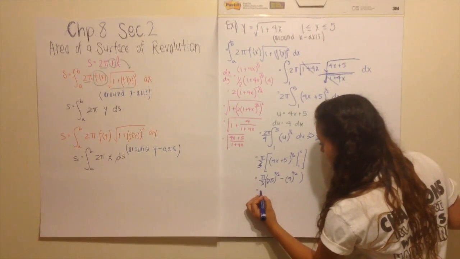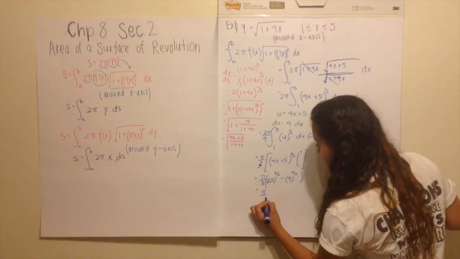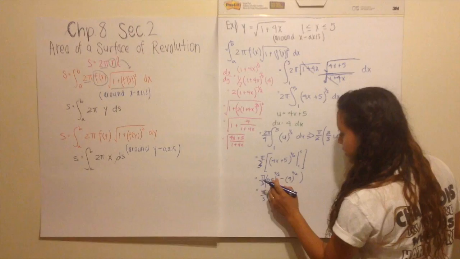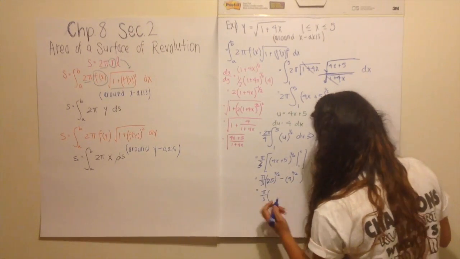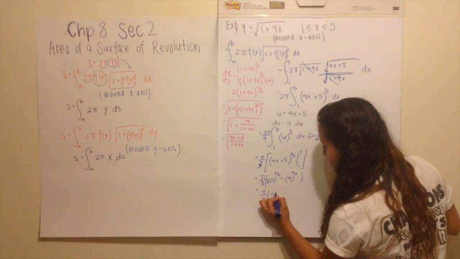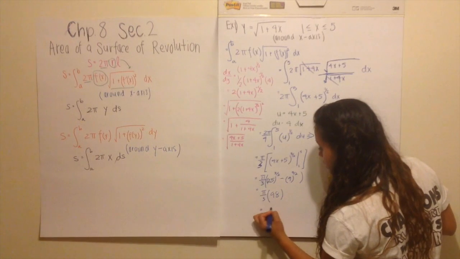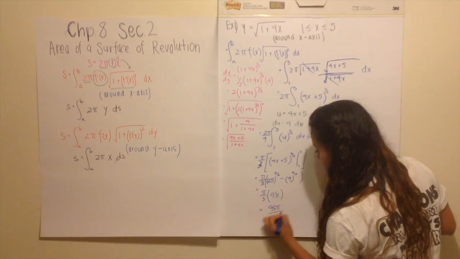And our final, this would be pi over 3, and this would actually be basically 25. This, when we subtract from this, would end up being 98. So our final answer is 98 times pi over 3.